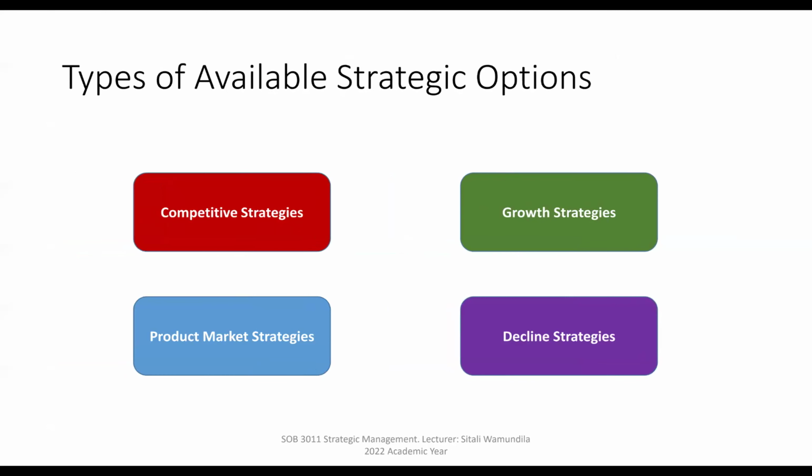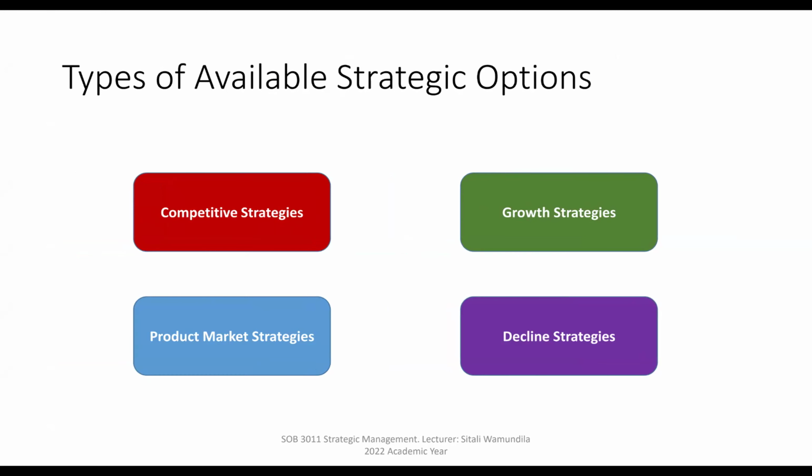Okay. So to start with, there are actually four main strategic options available. We have those competitive strategies, we have the growth strategies, we have the product market strategies, and the decline strategies.